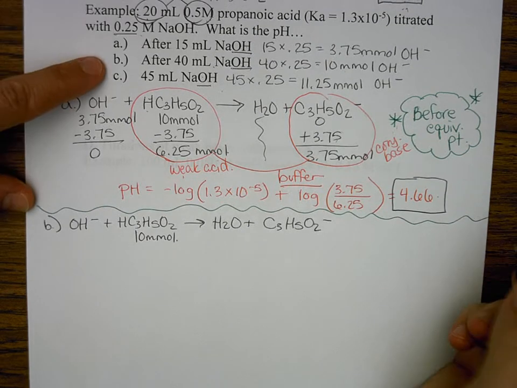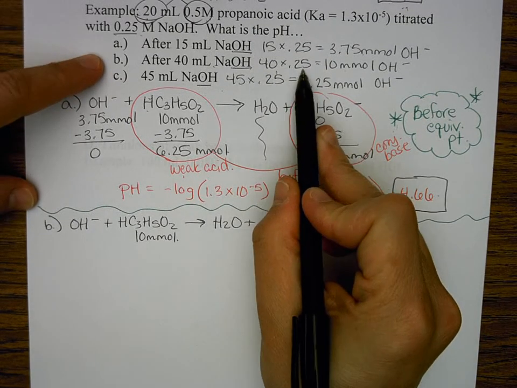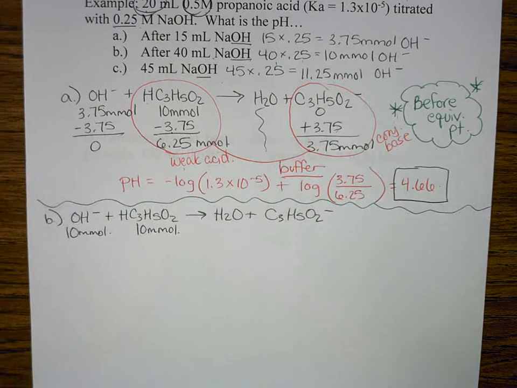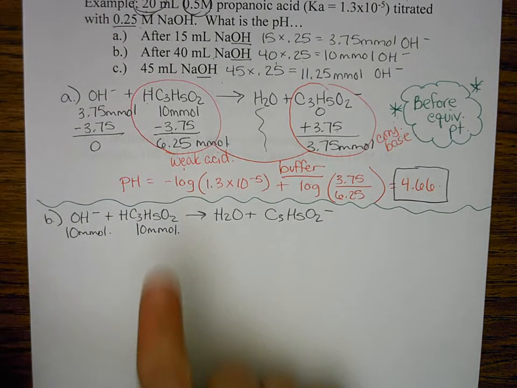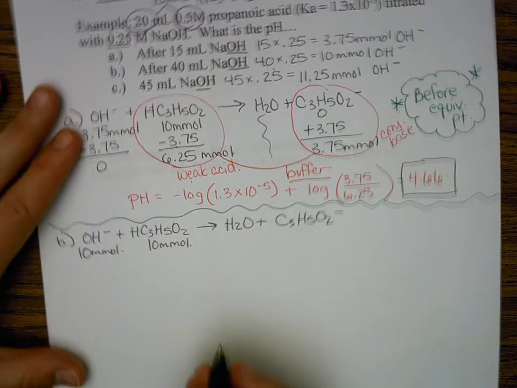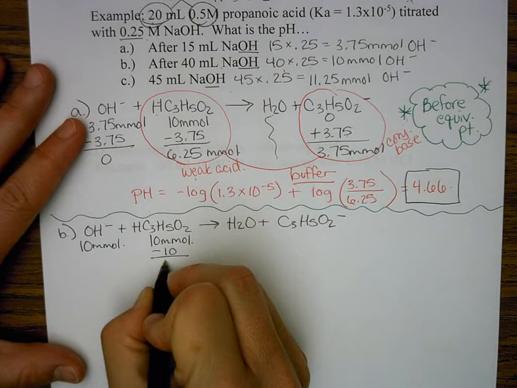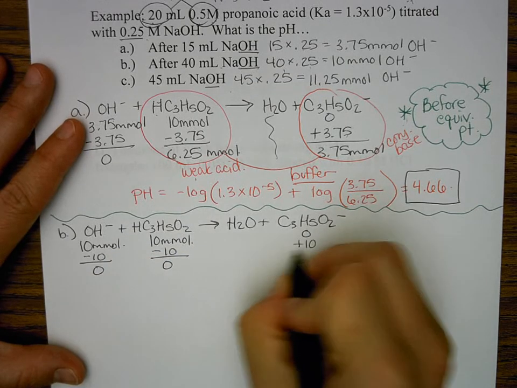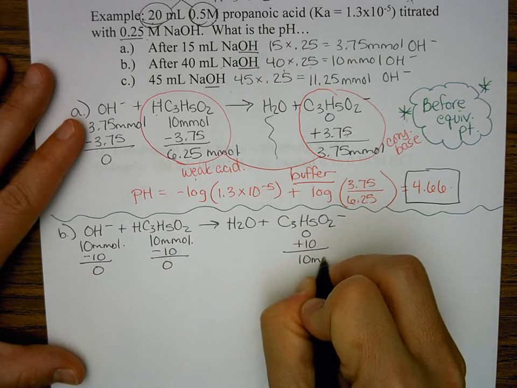And then I did 40 times 0.25 right here to give me the 10 millimoles. Okay? So you see that that's the equivalence point because by definition when you have the same number of moles of acid and base, that's the equivalence point. So you get minus 10 and 0, minus 10, 0. Over here, 0 plus 10. Okay, so I get 10 millimoles.